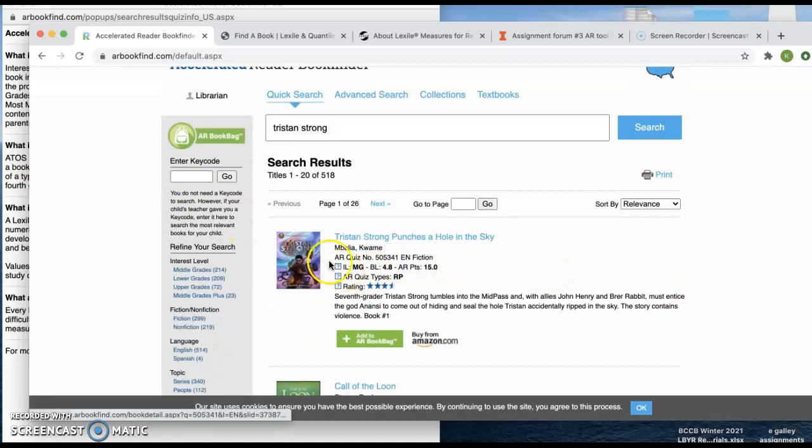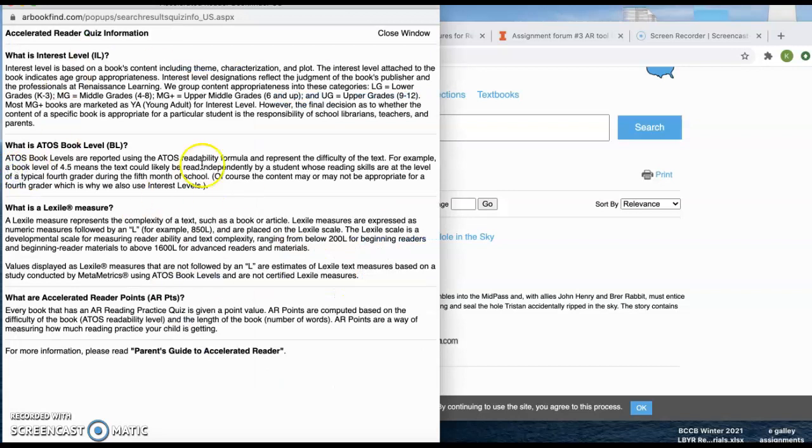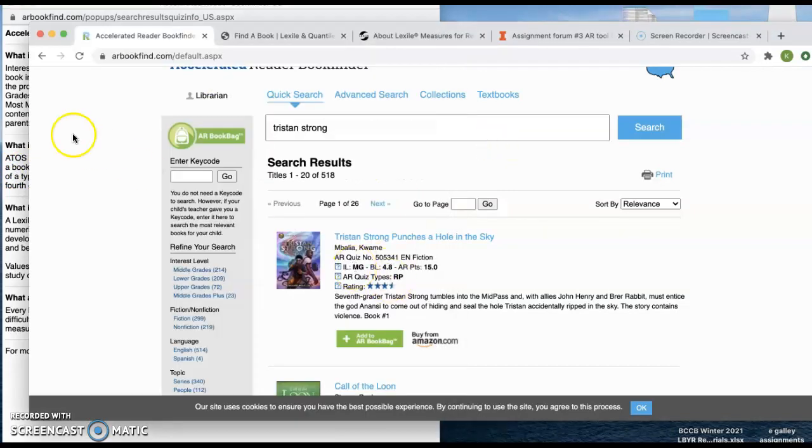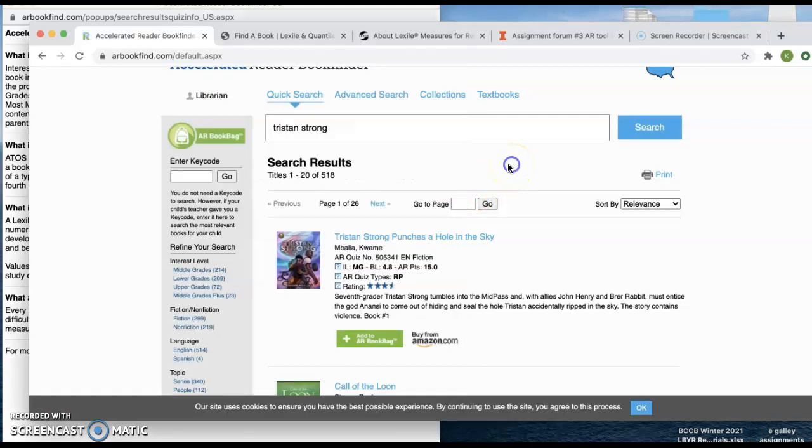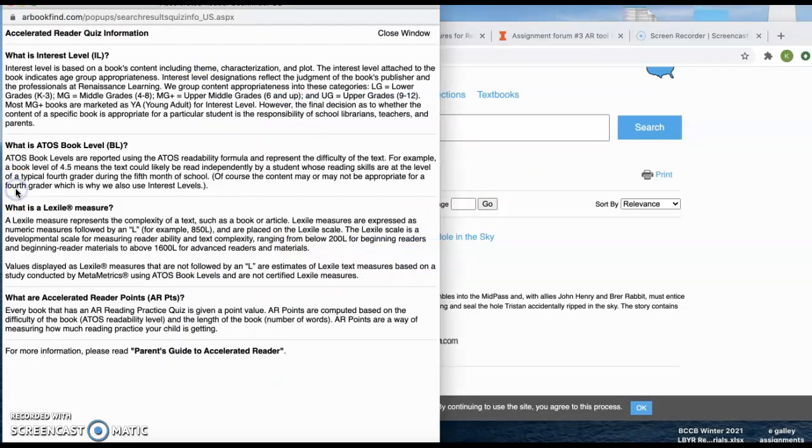So when you click on one of those buttons, it gives you this information right over here. So there's the interest level, so it falls in middle grade, so it's about grades 4 through 8. It is a 4.8 BL. So that basically coincides with grade level.